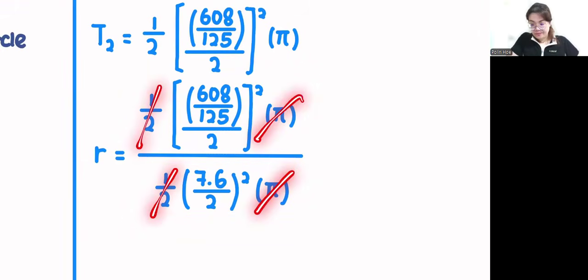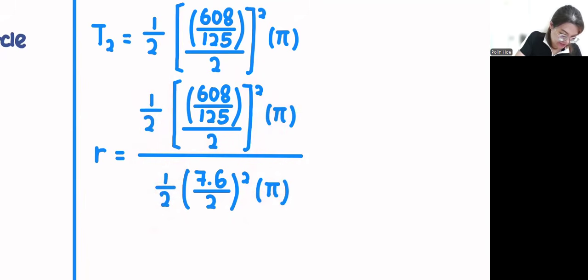After that, square and square can also cancel. So what do you get? If you don't know, then you press everything. This is because your basics are not good.